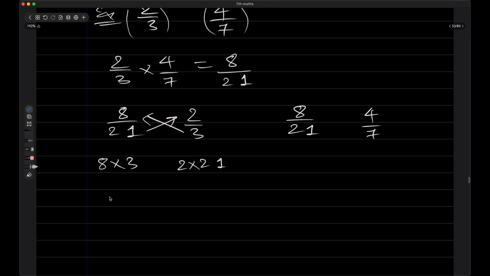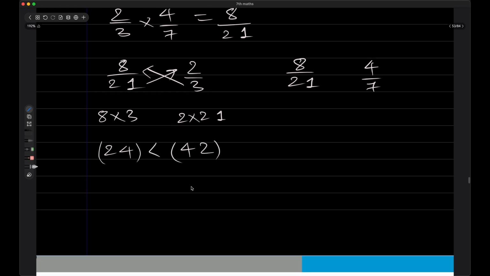Now 8 3s are 24 and 21 into 2 is 42, so 42 is greater than 24, so we have 2 divided by 3 greater than 8 divided by 21. So the product 8 divided by 21 is smaller than 2 divided by 3.